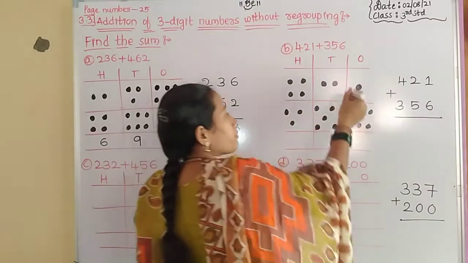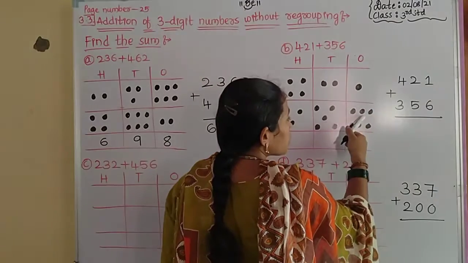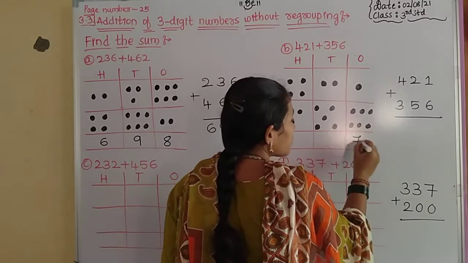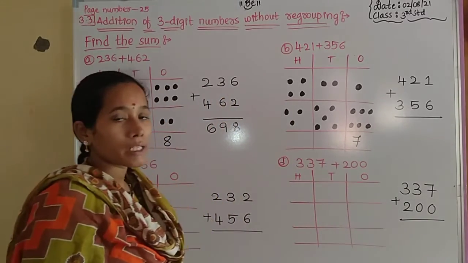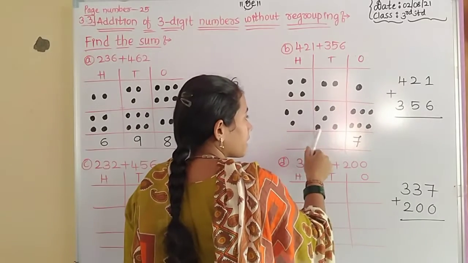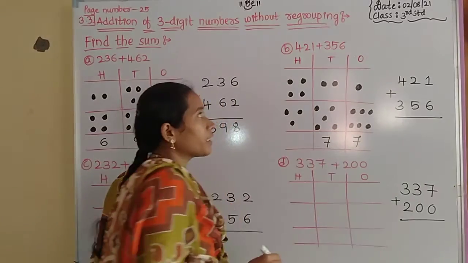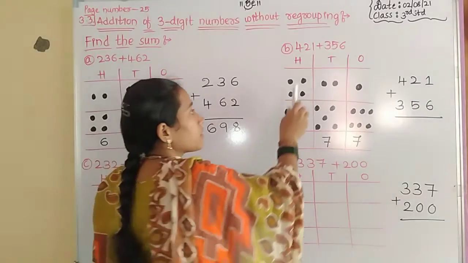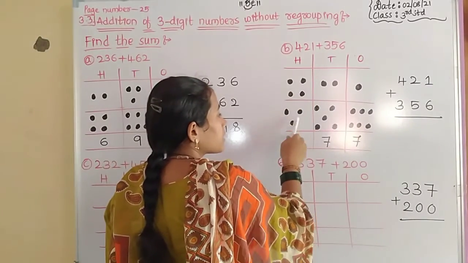Then in the ones placement, add the numbers here: 1, 2, 3, 4, 5, 6, 7. So 7. Then in the tens placement the total number of dots is 1, 2, 3, 4, 5, 6, 7. Here also 7. Then in the hundreds position, 1, 2, 3, 4, 5, 6, 7.